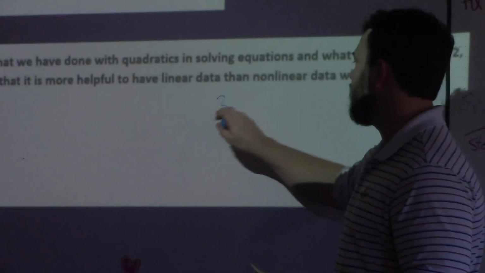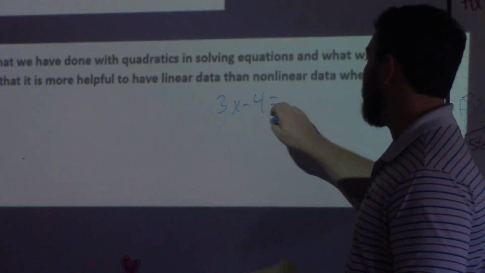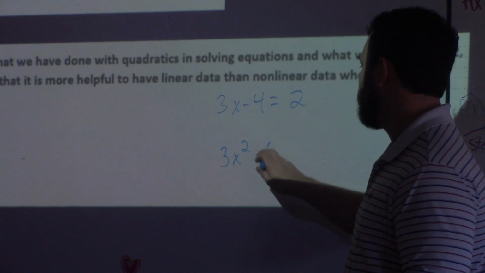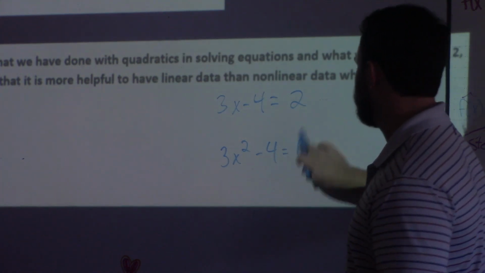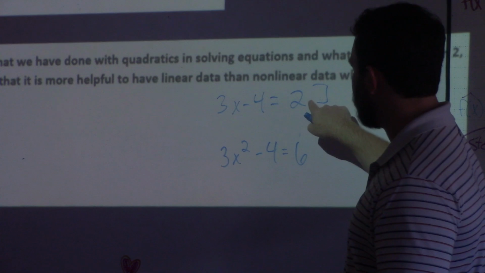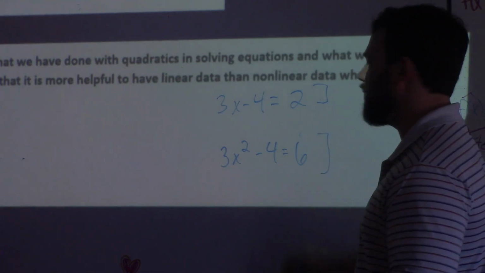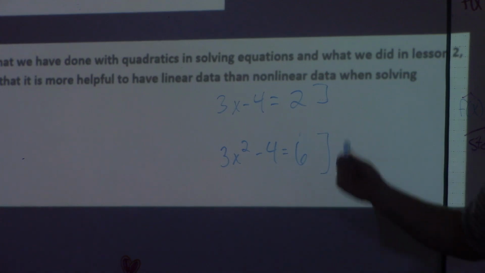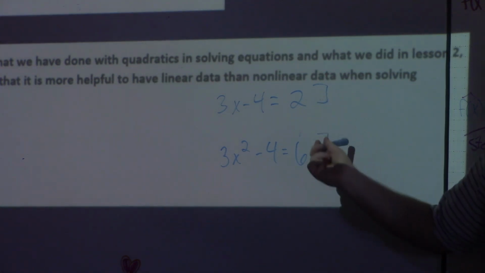Another point that I would bring up is this, and this is what Elizabeth mentioned, I think. I could be lying to y'all completely. What's going to be different about my number of solutions here versus my number of solutions here? Say again.